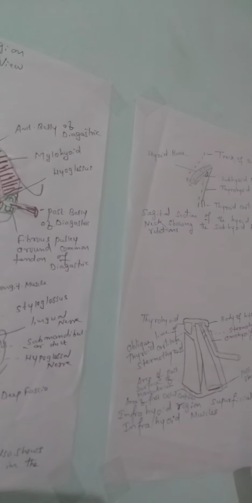As I told you already, the ansa cervicalis is a plexus formed by C1, C2, C3 plus the hypoglossal nerve. A loop is formed, and ansa means a loop. It supplies all the infrahyoid muscles.